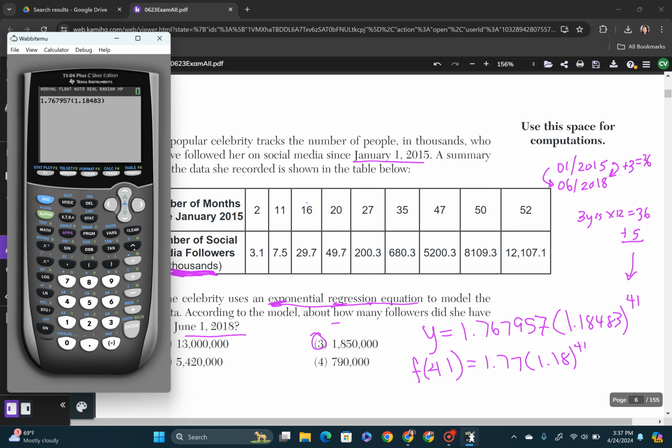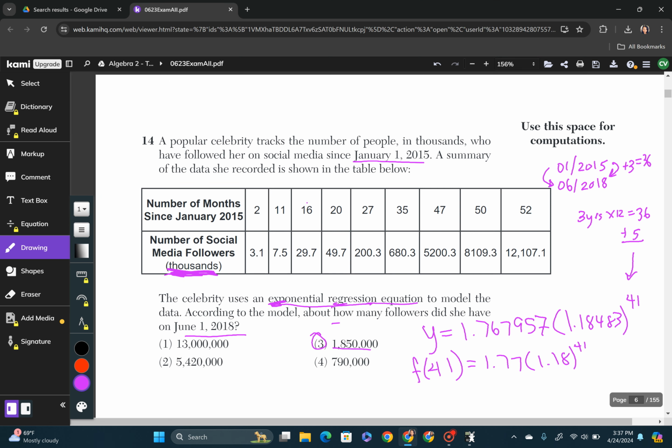We should see, yeah, there you go. And if I take my answer and multiply by 1,000 and hit enter, I do get, and again this is an estimate, 1,850,000 is the one that is closest. All right, so that is question number 14.